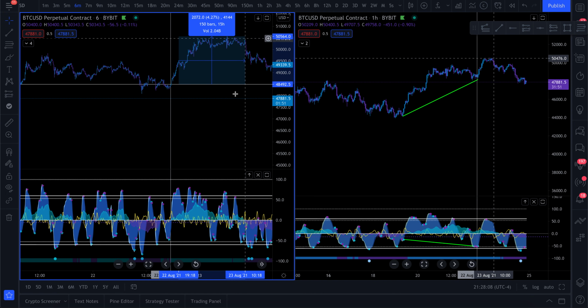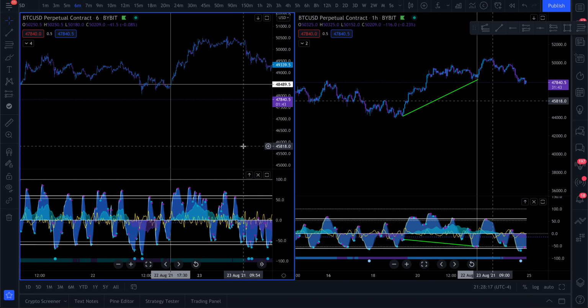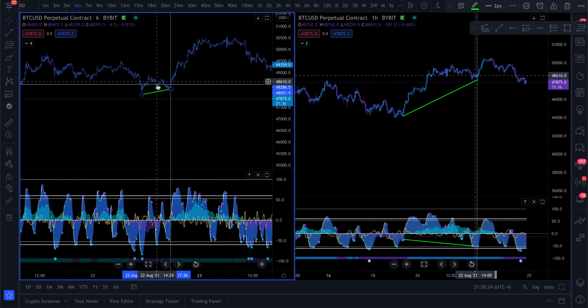Okay, so again, you can either use this strategy, the first example I showed you, where we're looking for a regular bullish divergence after the hidden divergence, or even if we don't have a regular divergence, if you just see we get an initial bounce and then we get a retrace, and we keep retracing back, and we see momentum coming up, we see money flow starting to cross.